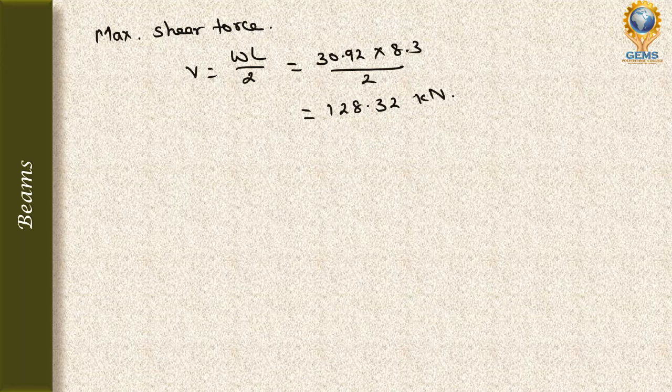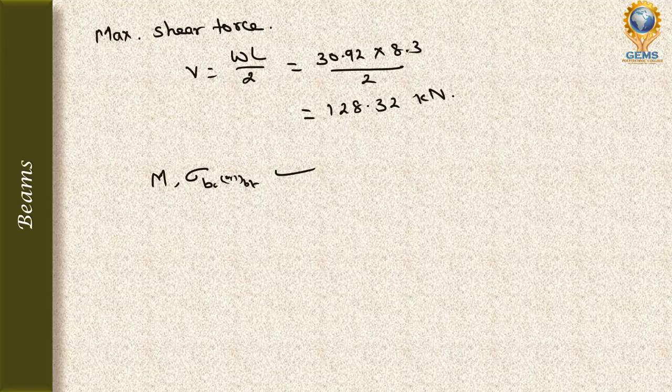So now we have the maximum bending moment M, and sigma bc, the permissible bending stress. We have to choose one of the sections that are given in the question.